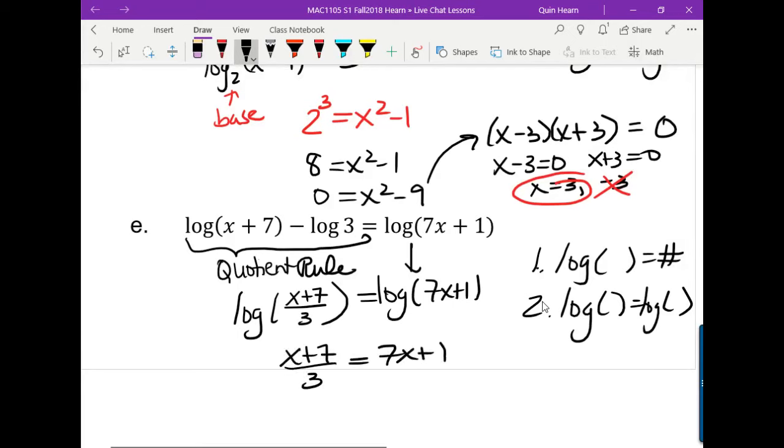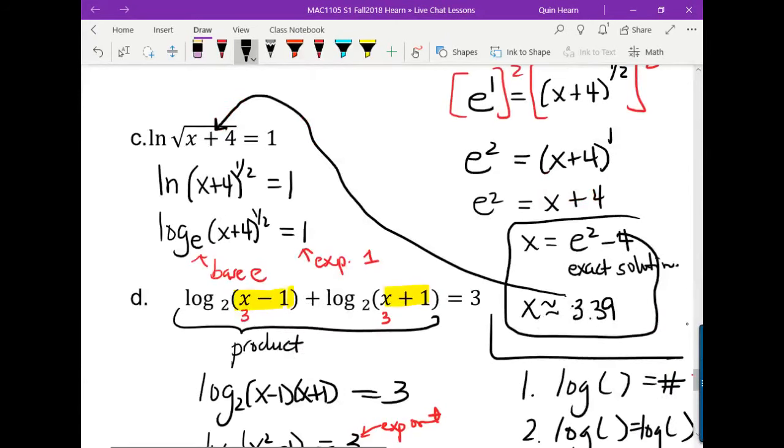Since we have subtraction of 2 logs, we're going to use the quotient rule, which says that if you have the difference of 2 logs, that's the same as the log of the quotient. So we're going to rewrite this as the log of x plus 7 over 3. Be careful, this is not log of x plus 7 over log of 3, right?